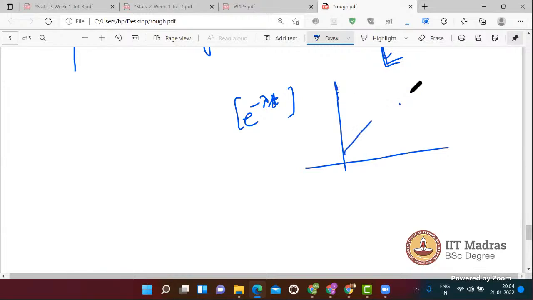If this is a plot of CDF and this is some random x, what was the probability till this point? The summation of that PDF till that point will be represented in the form of CDF. The best thing is to understand from the English word itself. Cumulative itself means the addition of all those probabilities.